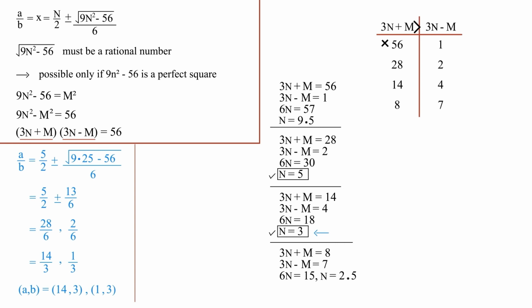Now let's do the exact same thing for n equals 3. A over b is now going to be, using this formula up here, 3 over 2 plus or minus the square root of 9 times 3 squared, which is 81. 81 minus 56 is 25, and the square root of that is 5. So 5 over 6.